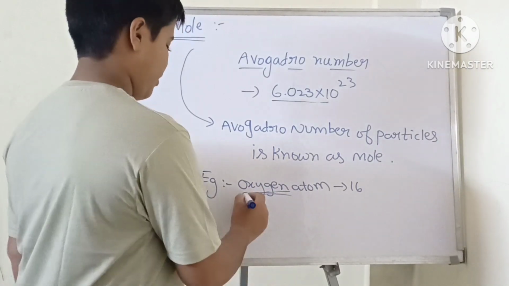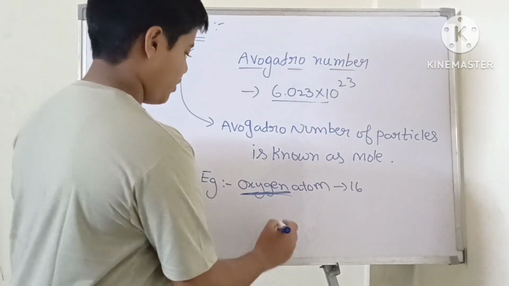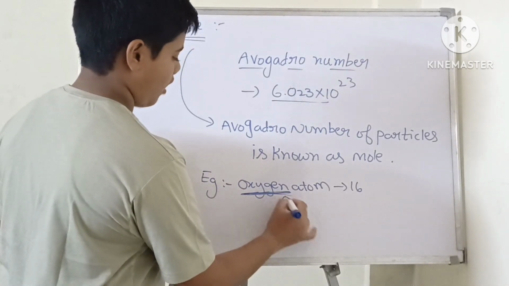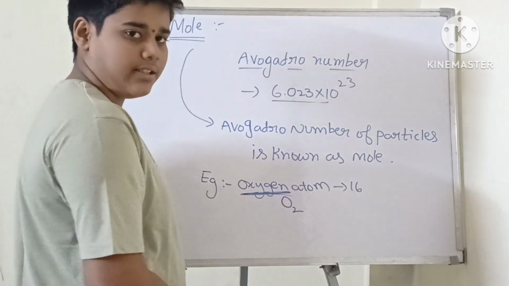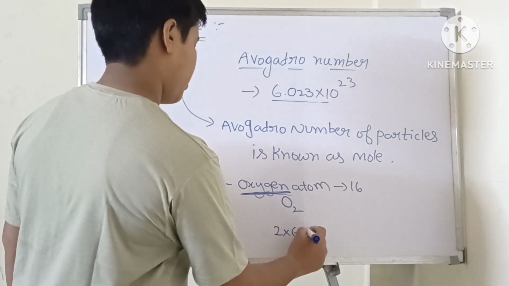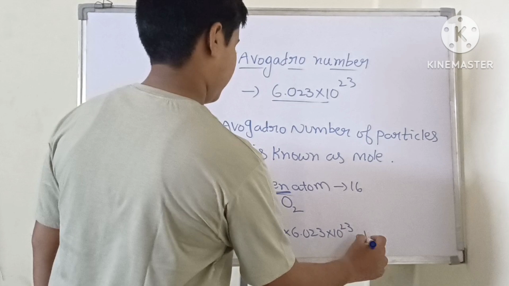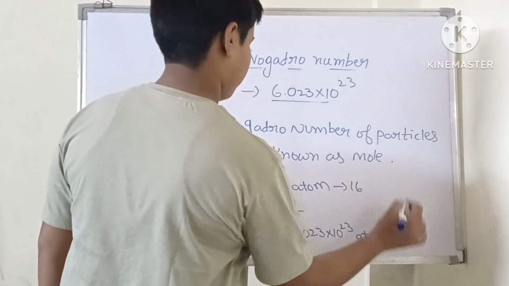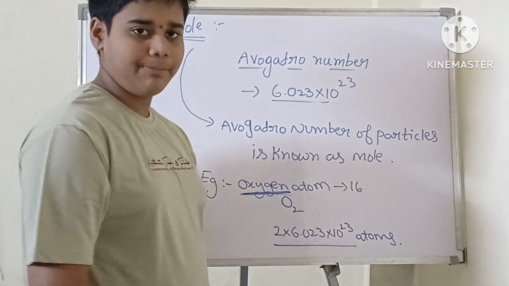So if we see here, the oxygen molecule is O2. There are 2 atoms. How will we write? 2 into 6.023 into 10 power 23 atoms. We have to multiply by the Avogadro number.